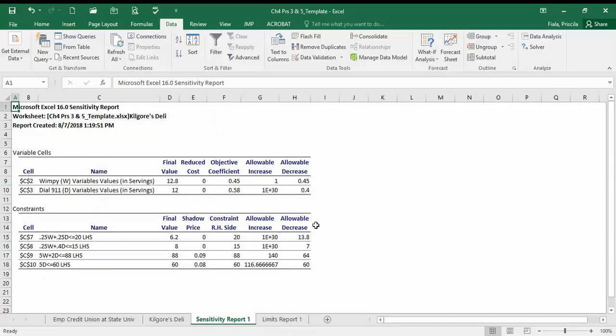Okay. Then let's go right here to this table, the sensitivity report. One thing very important that you can do on your final exam is right here. Now that we are a little further down, I can tell you shadow price is the same as dual value. So you can go ahead and change this to dual value in our values. And I'm sure now you remember the dual value tells you for each unit we increase on the right hand side, that's the value it's going to modify our optimal solution, or also decrease.